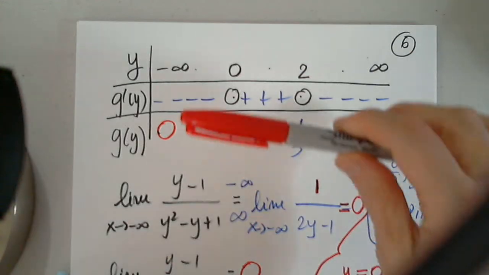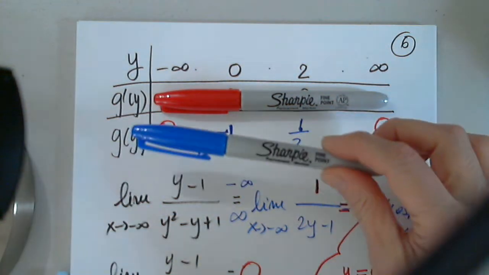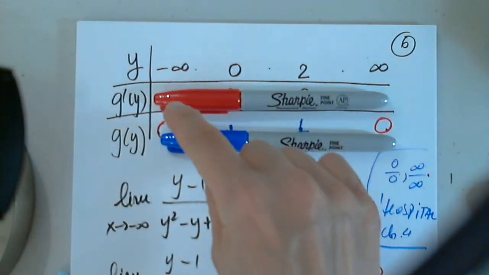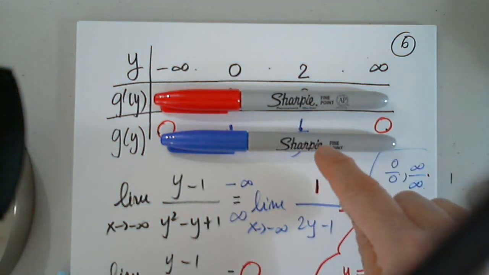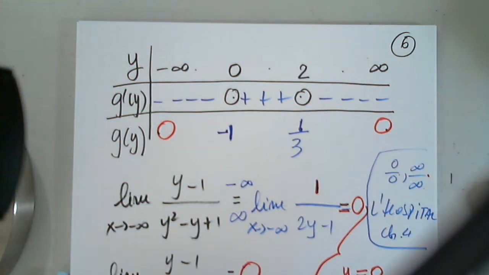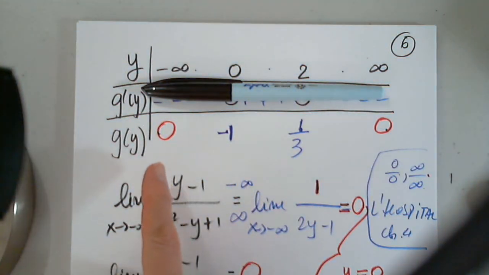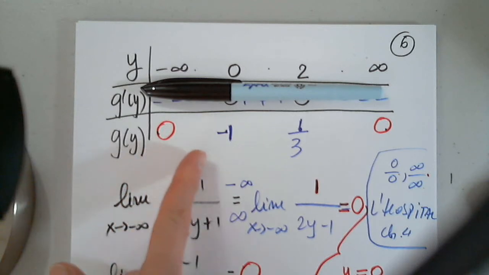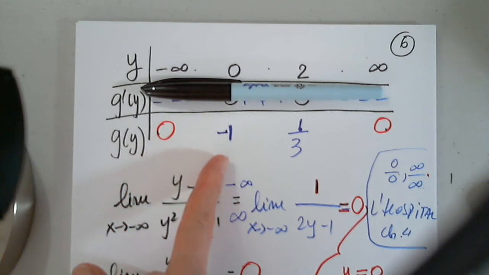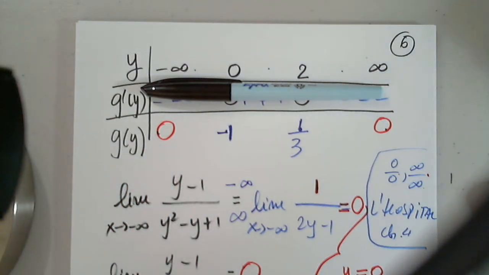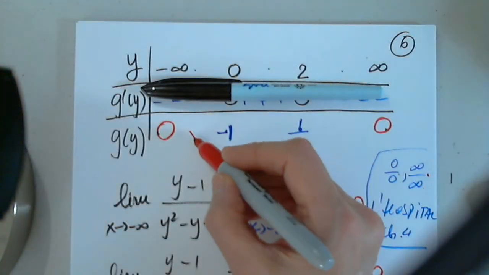Okay, finally, I want to check that my work on this row and this row is correct. So what does the function do between 0 and -1? Goes up or down? Down. Good.